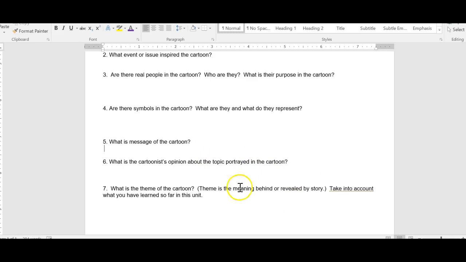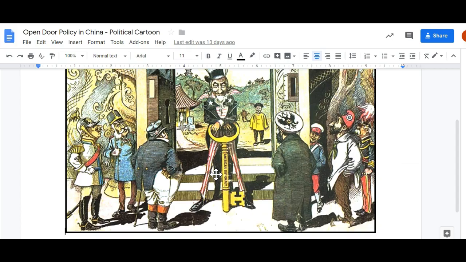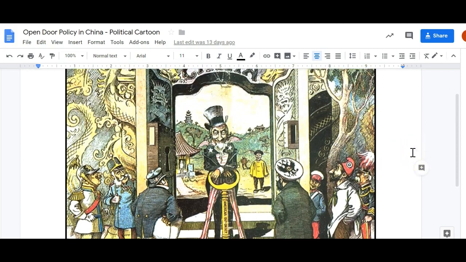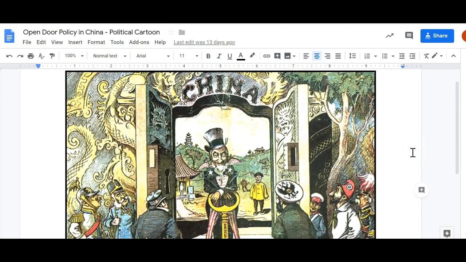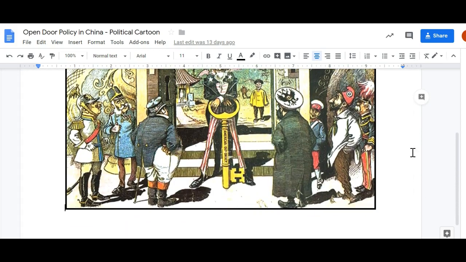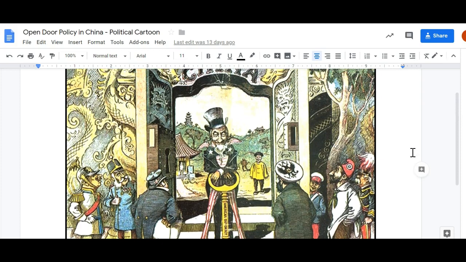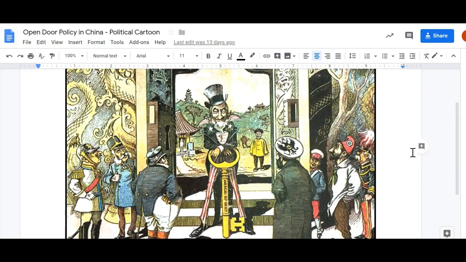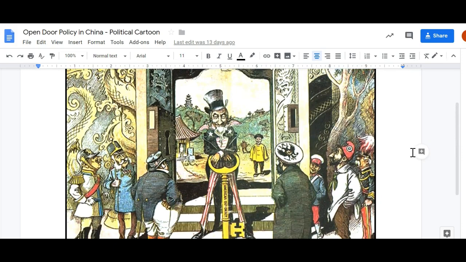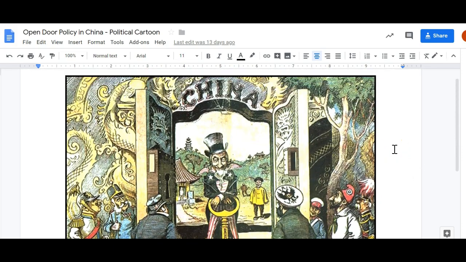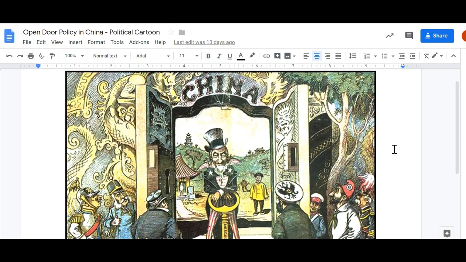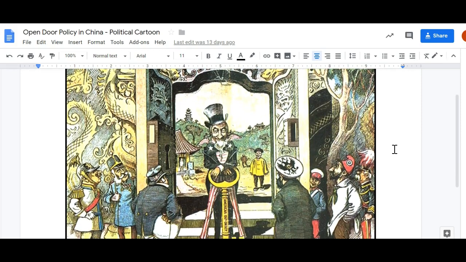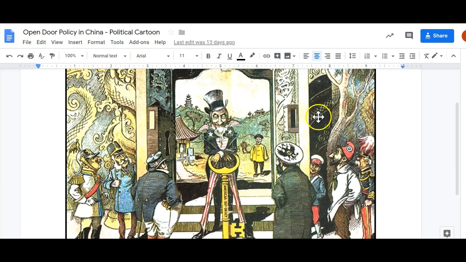Okay, our last two questions. What's the cartoonist's opinion about the open door policy? Well, you want to think about this from a positive view or a negative view. How does the cartoonist, and we don't know whether the cartoonist is a he or a she, so you can use any pronoun that you want to, how is the cartoonist portraying the people?